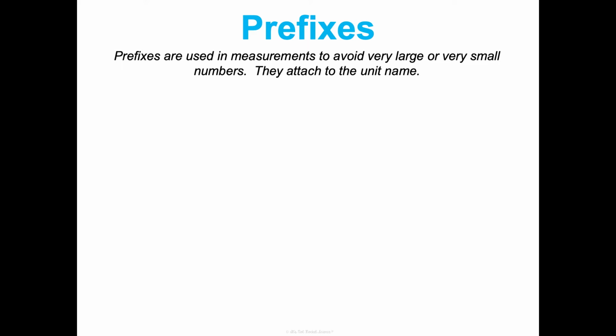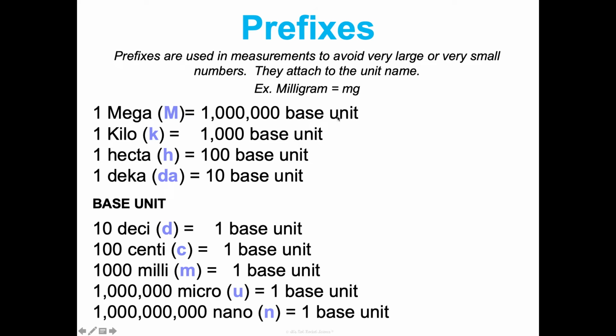This often also requires us to use prefixes. So again, I mentioned this earlier, but prefixes are used in measurements to avoid really large or very small numbers, and they attach to the unit name. So a milligram: milli is a prefix, and that gives us milligram, mg, as opposed to just gram or g. So if I'm measuring something really small, I'd probably rather use milligram than gram. Okay, so there are a bunch of these.